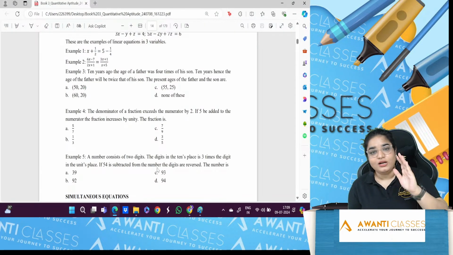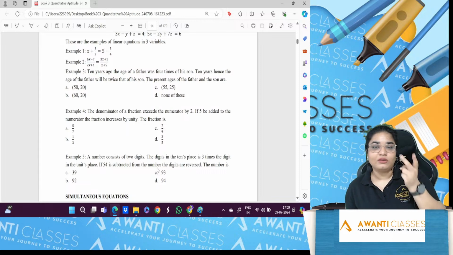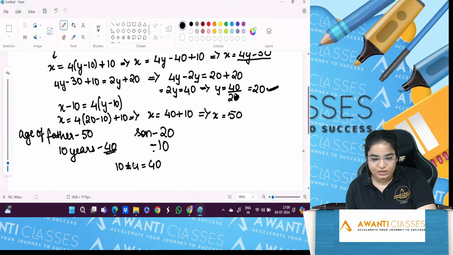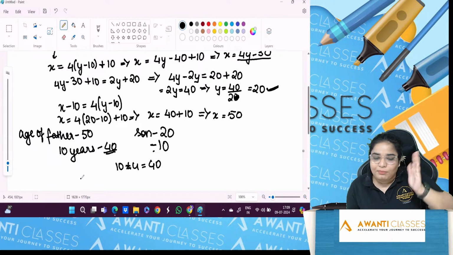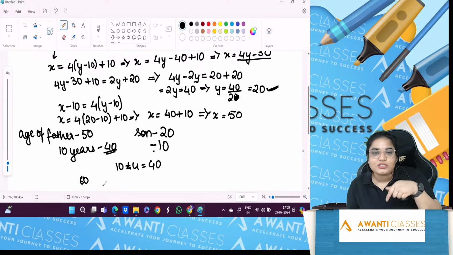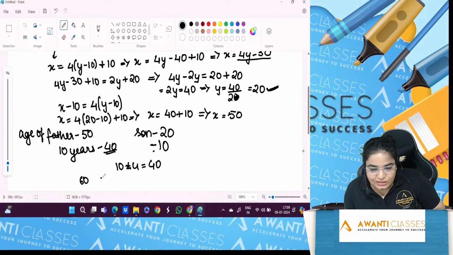Similarly, what else did they say? They said 10 years from now, father will be twice the son's age. Right now, the age of the father is 50. 10 years from now, 50 plus 10, 60. The son today is 20 years old, in 10 years he will be 30.